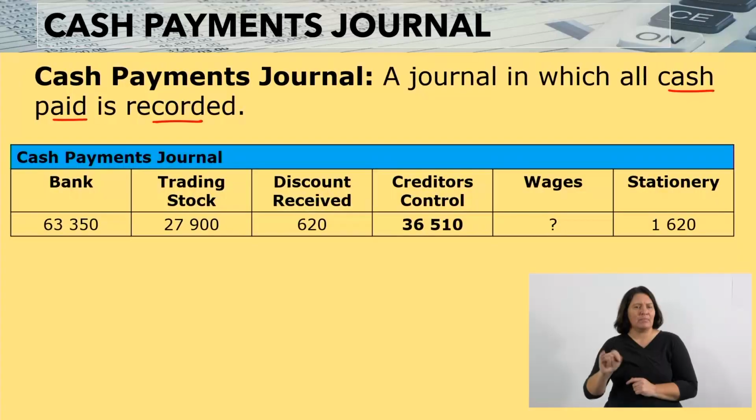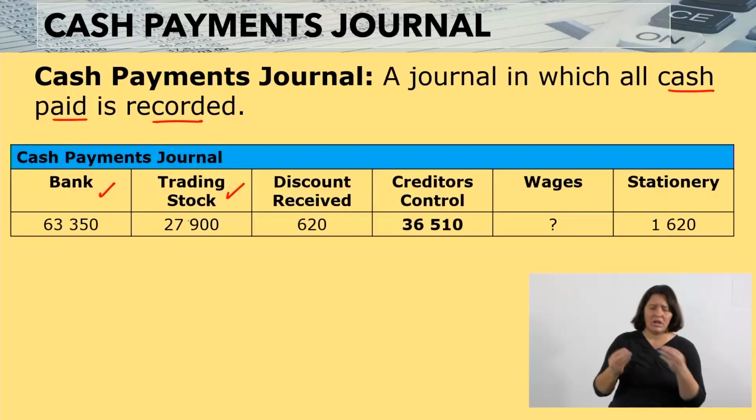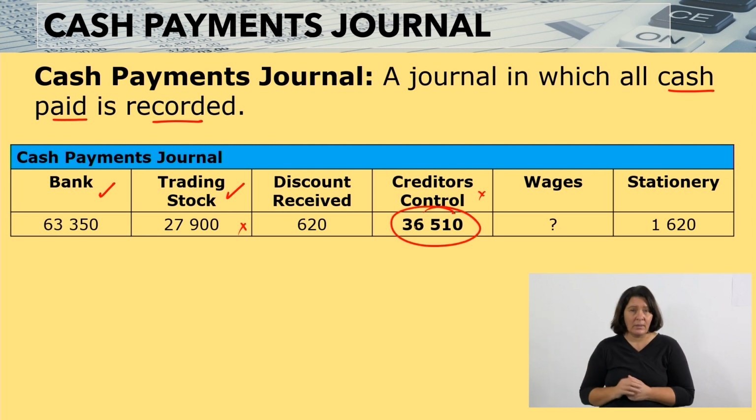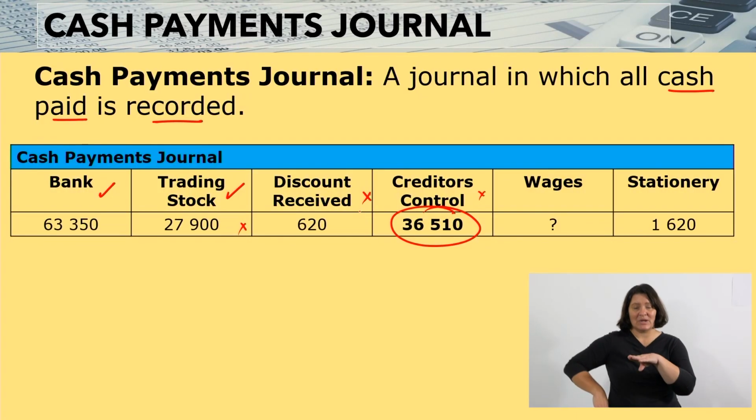Let us see how the cash payments journal looks. That is my cash payments journal. In the cash payments journal, I have bank, because I am paying for several things. I paid for trading stock, the 27.9, and then we have also paid our creditors, and we have paid 36,510. However, when we paid, we also received discount.